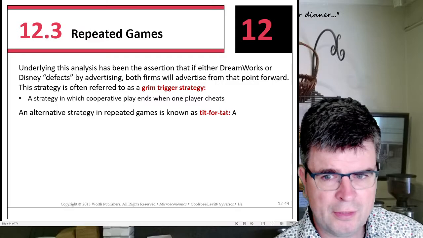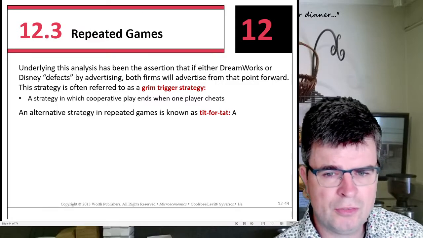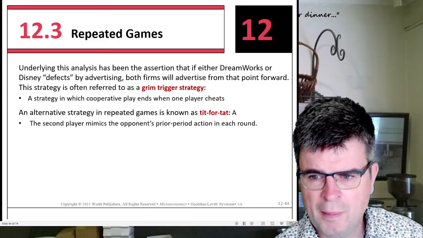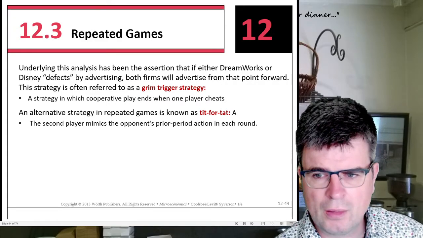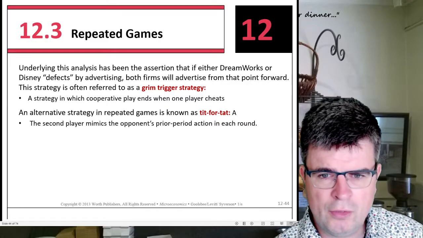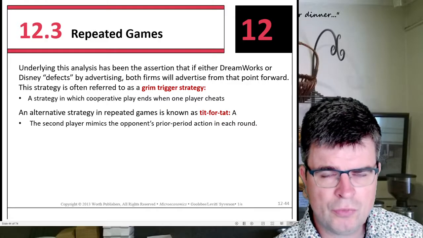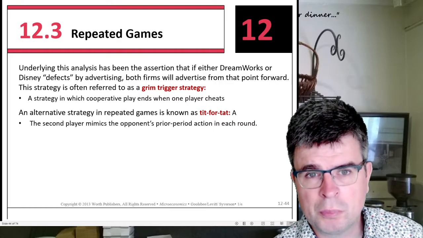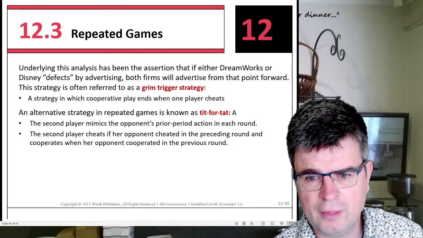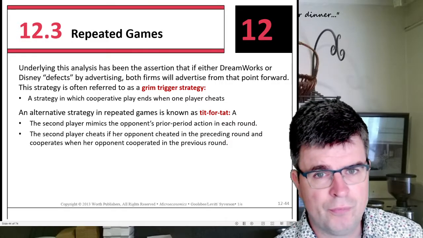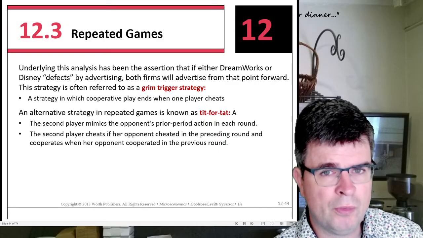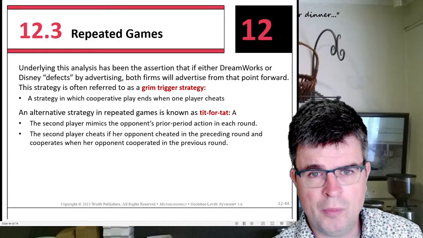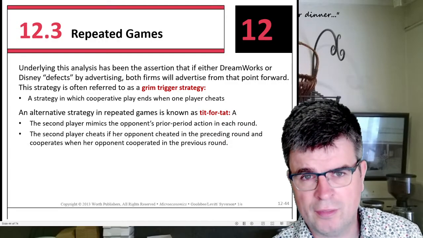An alternative strategy to the grim trigger strategy is known as the tit for tat strategy. And that works as follows. In the tit for tat strategy, you mimic the behavior of the opponent's play in the previous period, which means that if your opponent cheated, defected in the first period, then you will retaliate and you will also defect in the second period.